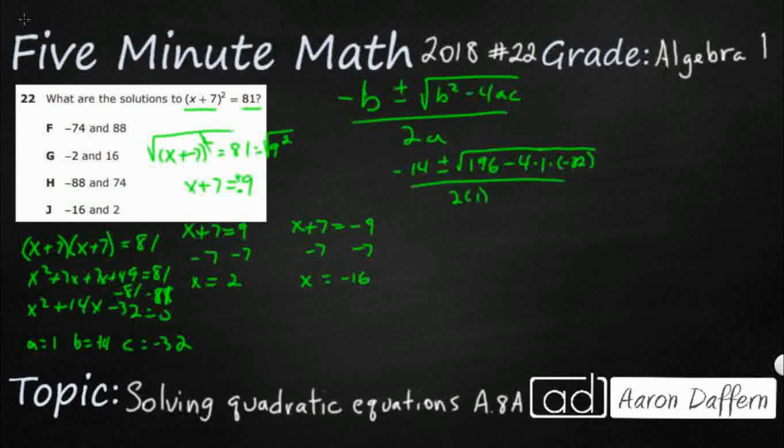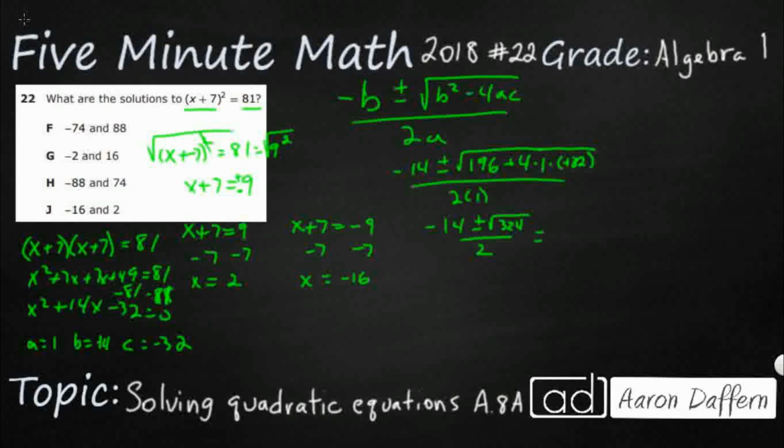So now we just need to simplify. Okay. So negative 4 times negative 32, that's going to just be a positive 128. So add that to 196. You get 324. So negative 14 plus or minus square root of 324 over 2. And the square root of 324 is going to be 18.